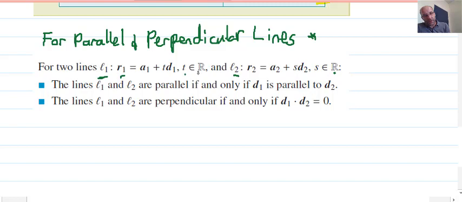Notice how there's a distinction between s and t, but they're real numbers. Lines L1 and L2 are parallel if and only if D1 is parallel to D2.